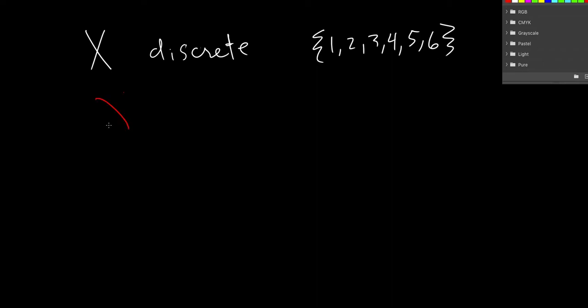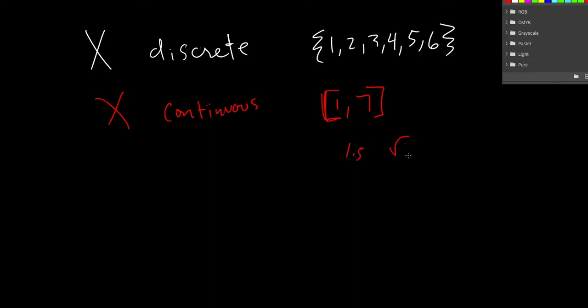We can also have a continuous one. And that's where we could have any possible real number in between two numbers. So maybe we can get between 1 and 7. But that means we could have an outcome of 1.5.